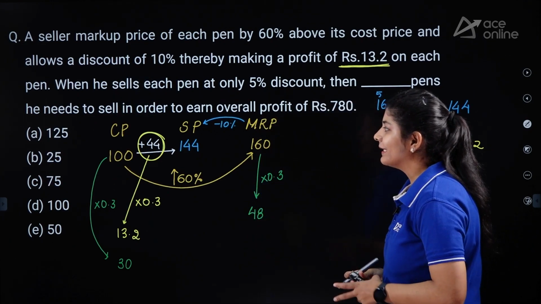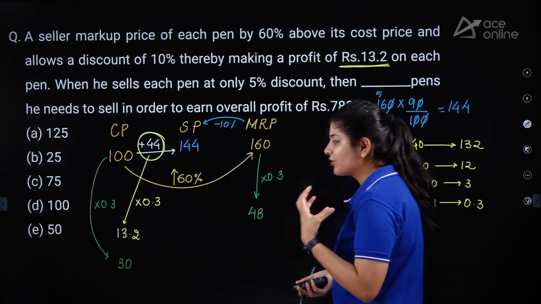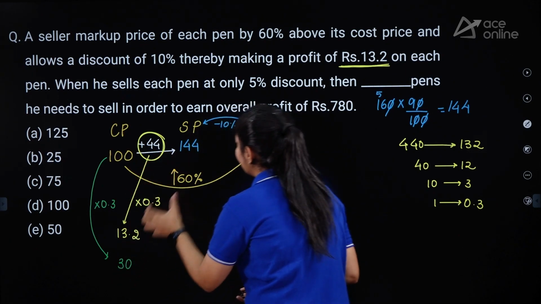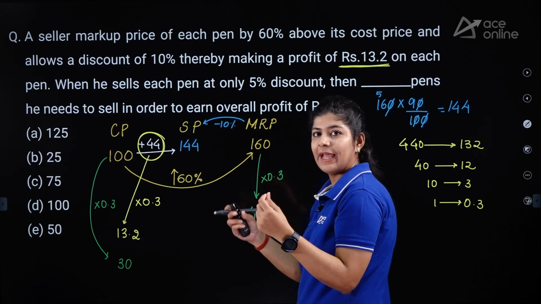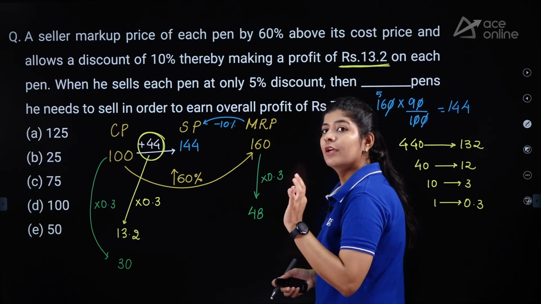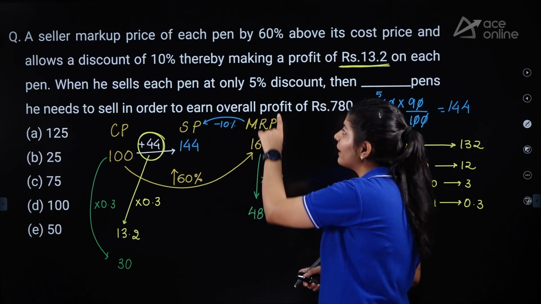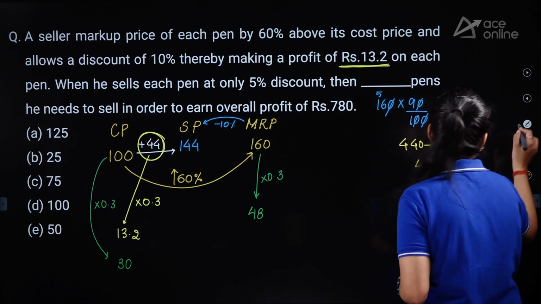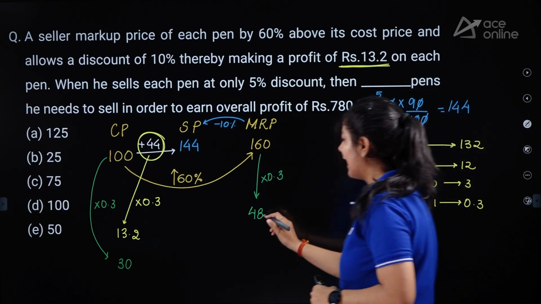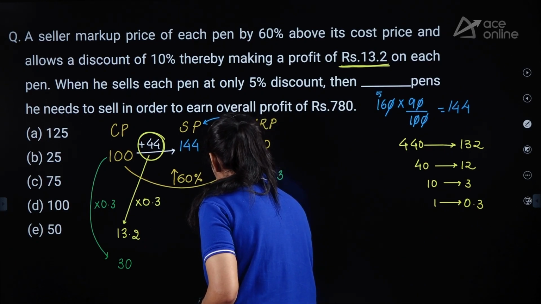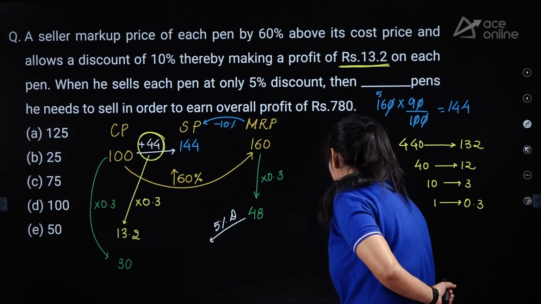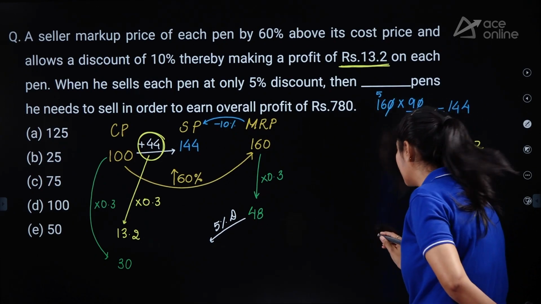So now the actual cost price of my pen is 30 and the actual MRP that I put a tag on is 48. Now on this 48, I am giving a discount of 5%. That means I am selling it at 95%.